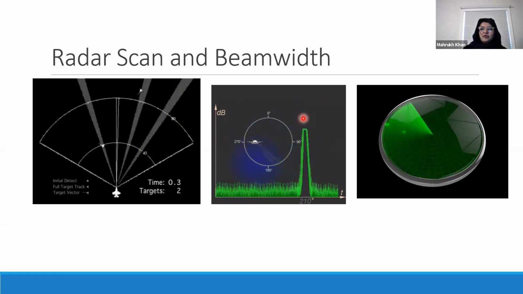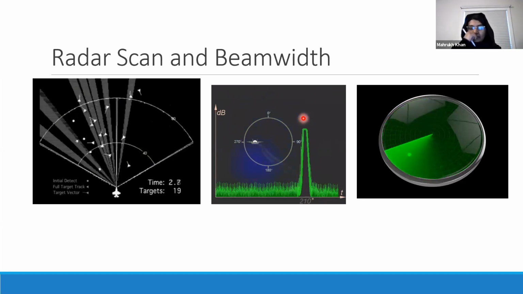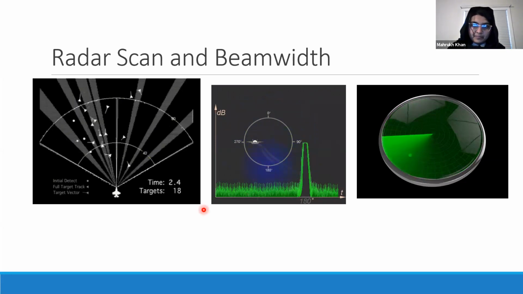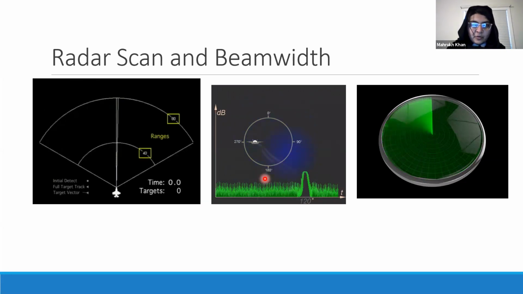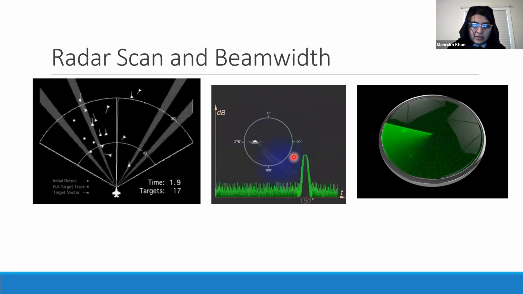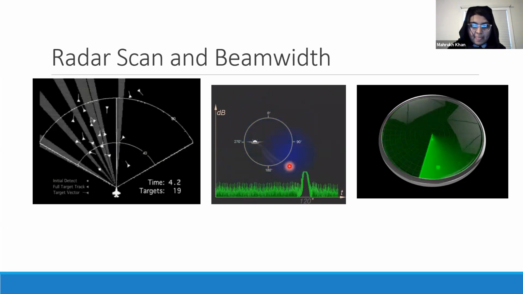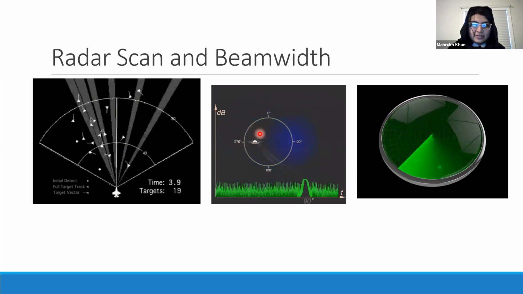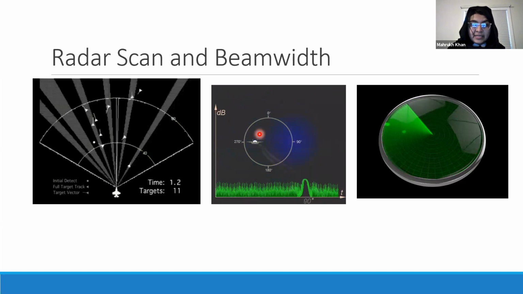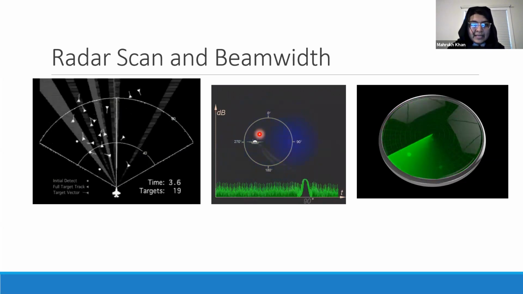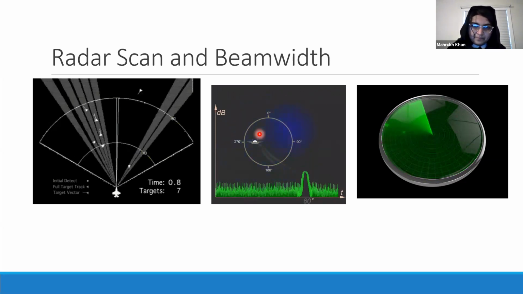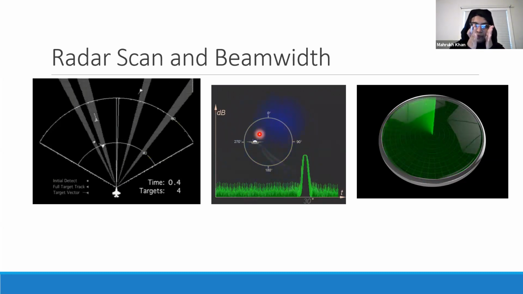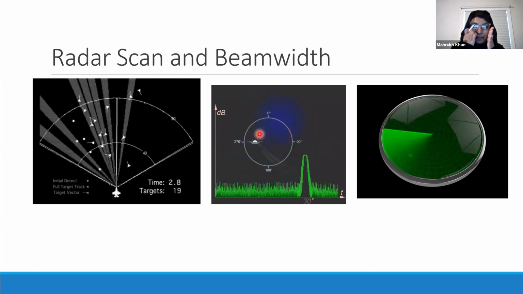Okay. So what happens is that that's what we are saying, that if your antenna has a narrow beam, right? Right now this is one continuous wave antenna that is going like that. But if there are two targets or two planes here, then to be able to detect them, your antenna should have a narrow beam. So if they are separated by half power beam width, then you will be able to detect them.